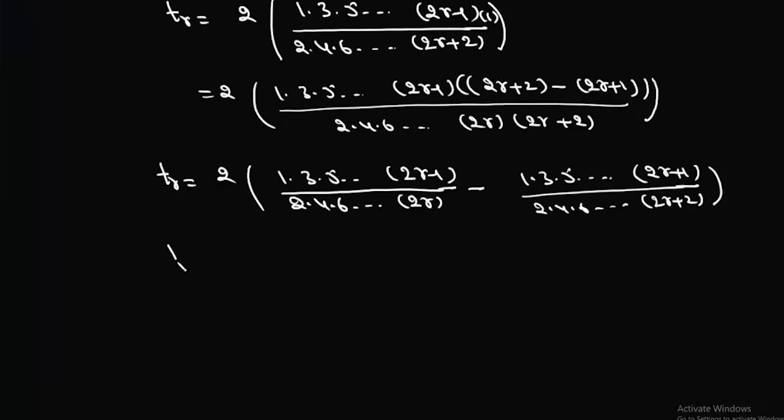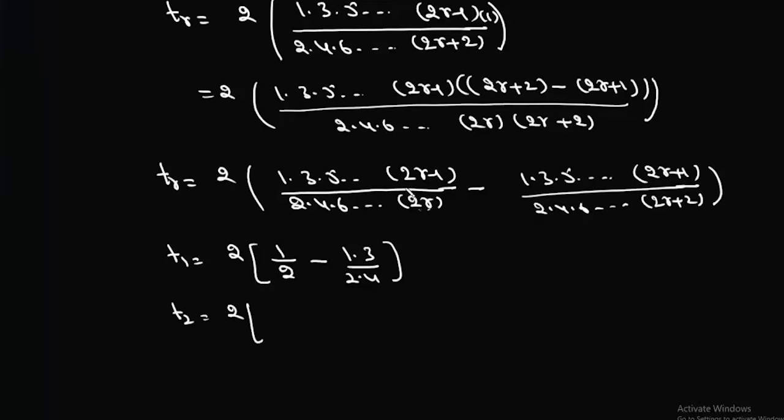Now if we write t1, it will be 2, and here it is 1 by 2 minus 1 into 3 and 2 into 4, because if we put r as 1, this is 2 and this is 4, and here it will go up to 3. Now if we put r as 2, it will be this 2.